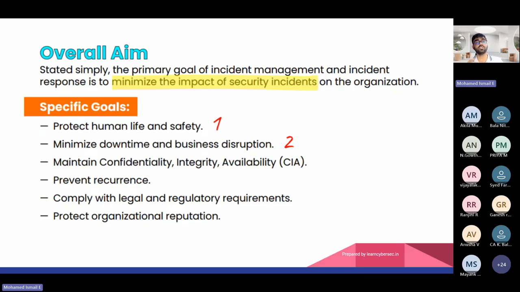Now my web page is down, right? Now I need to recover the web page. Maybe we will discuss different processes later, but we need to think about how to recover the business with less disruption. Next, maintain confidentiality, availability, and integrity. We talked about the CIA triad in the first and second sessions.